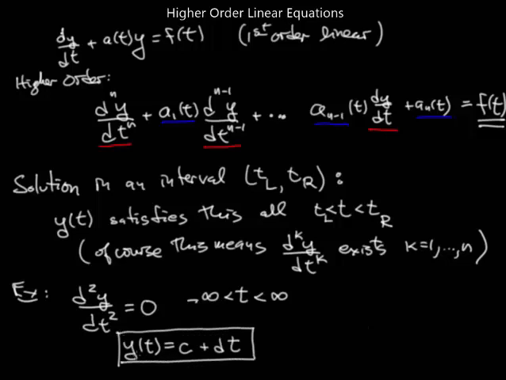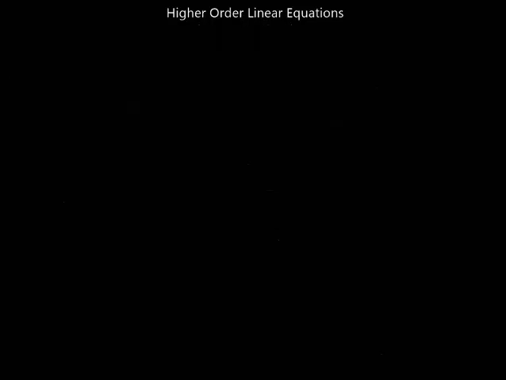And that's it. We know from calculus that if the second derivative of a function is 0, then it's a linear function of the form c plus dt. That's the general solution. And notice there are two arbitrary constants, c and d. And that's a general feature of these things.